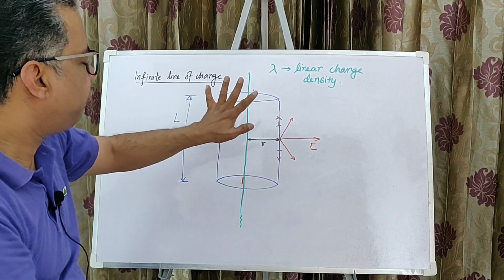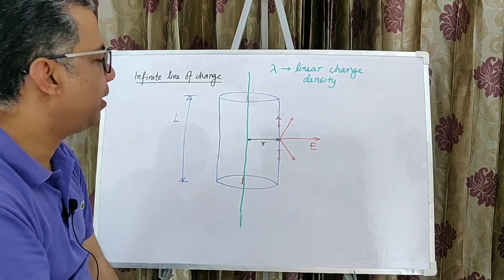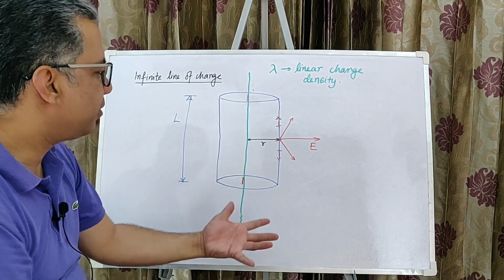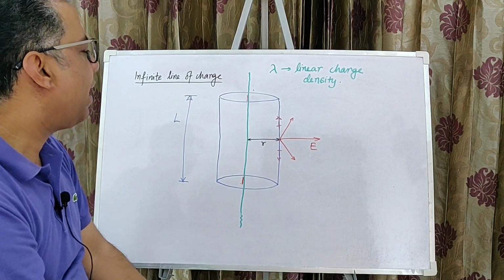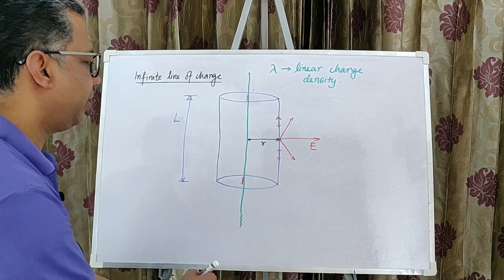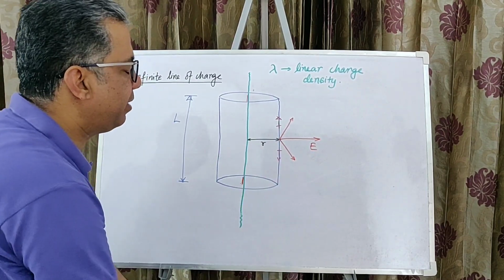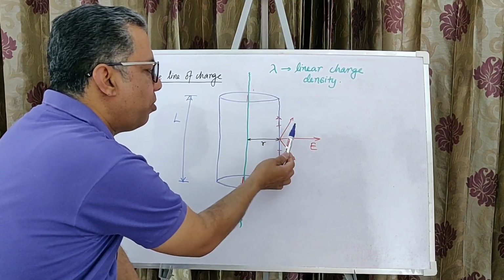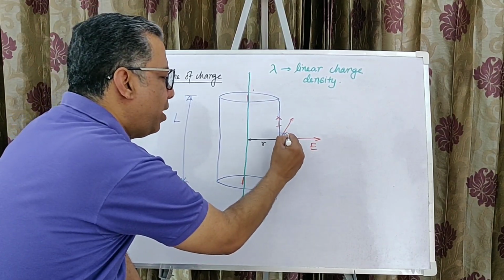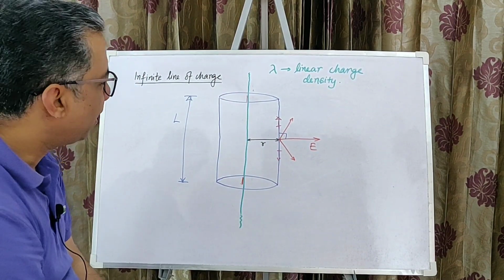So we've got a cylindrical surface. This line of charge is the axis of that cylinder, or the axis of symmetry of the cylinder, and this cylindrical surface of course has a radius r and its length is L. For this cylindrical surface, the electric field on the curved surface will be normal to the surface at all locations of the surface.